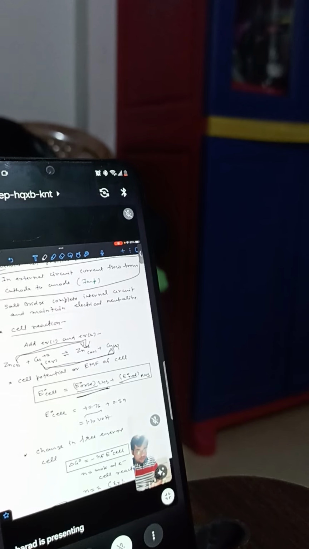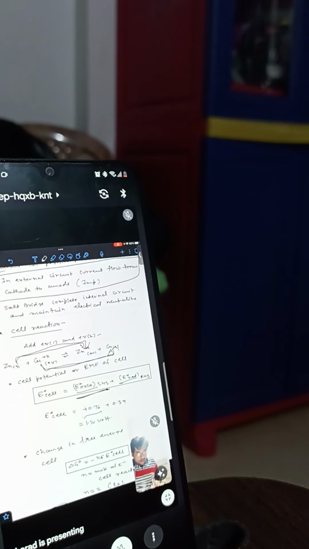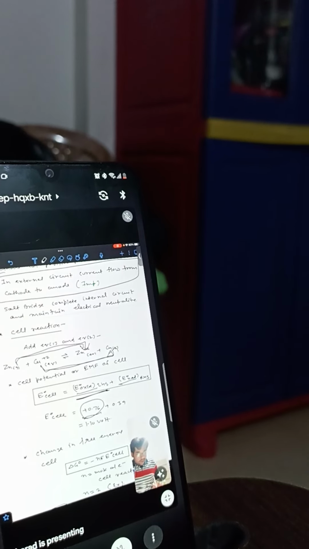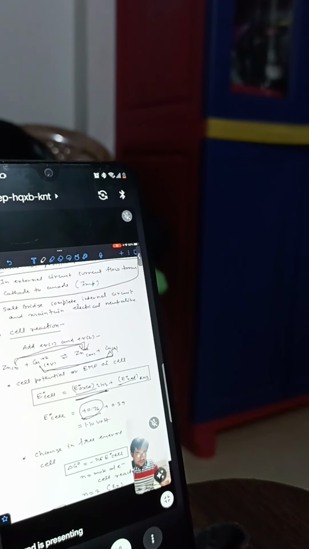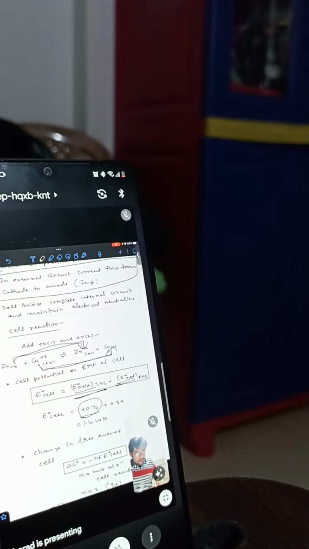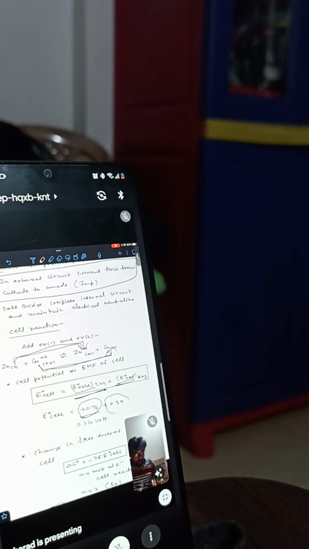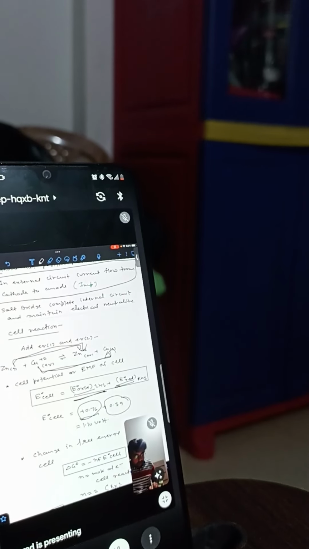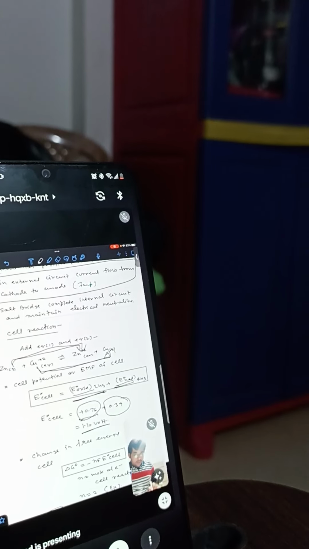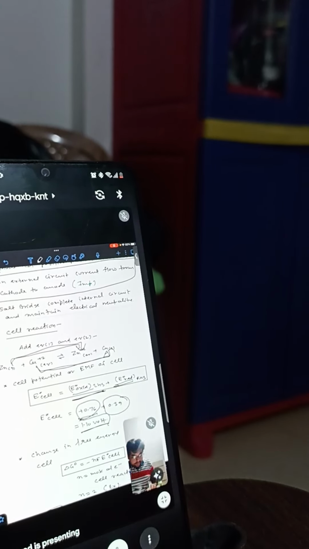The zinc that is undergoing the oxidation has an oxidation potential of 0.76 volt. These are the standard values, mentioned above, and taken from the NCERT book. And the standard reduction potential of the RHS, the copper half cell, is 0.34 volt, and this gives 1.1 volt, the standard potential of the galvanic cell.